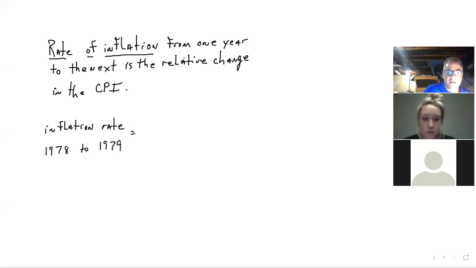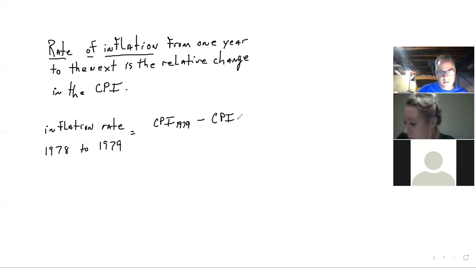But since we're talking about a relative change, the way I would calculate it is I would take the CPI in 1979 minus CPI of 1978 and divide that by the CPI of 1978.